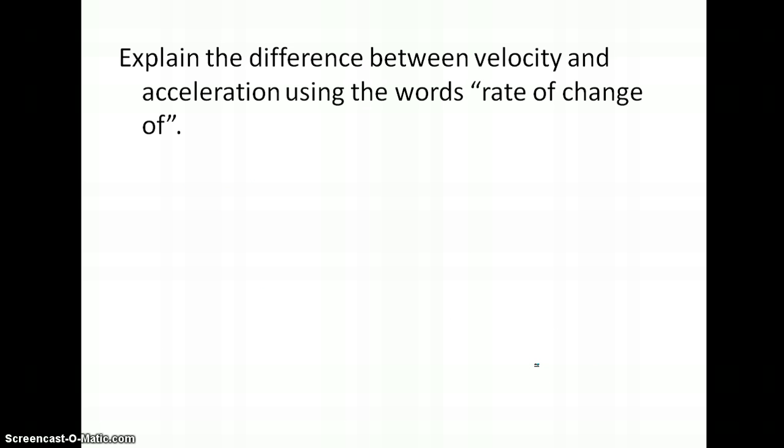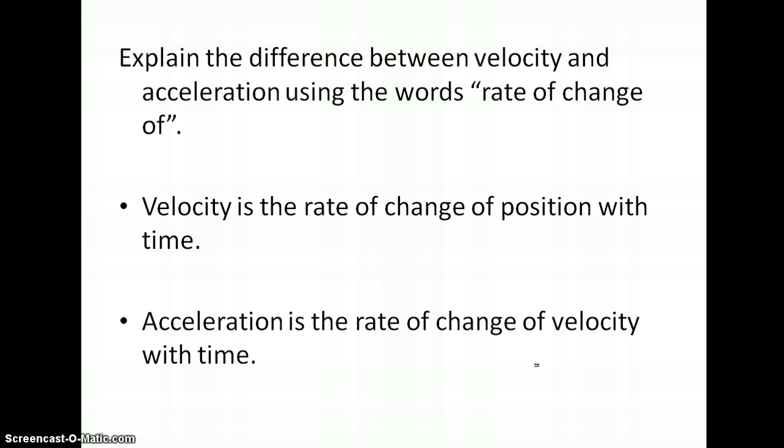Now, the difference between velocity and acceleration using words, rate of change. If we use words for velocity, velocity would be the rate of change of position with time. So with velocity, we're looking for that keyword, position, change of position. And in the formula for velocity, we see change in position, or change in x, over change in time.